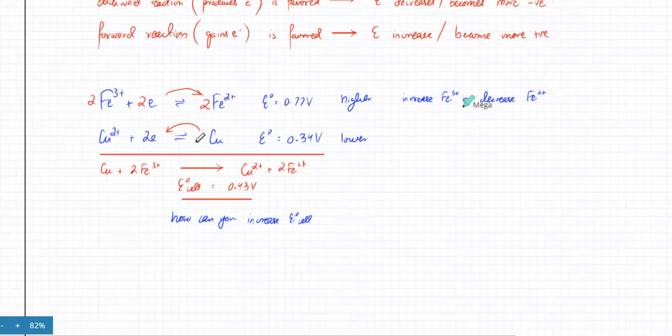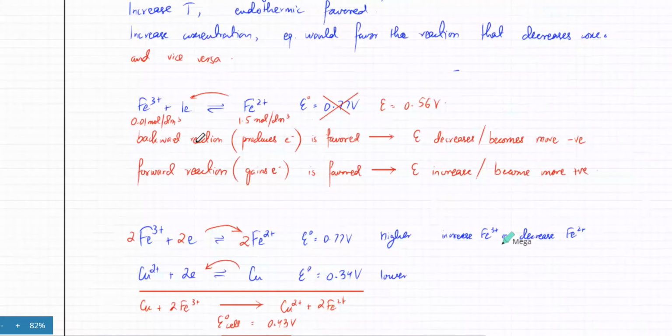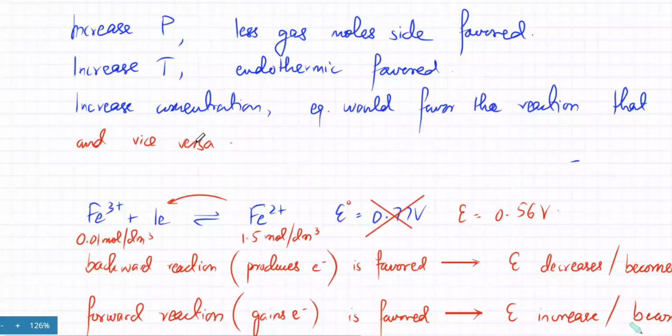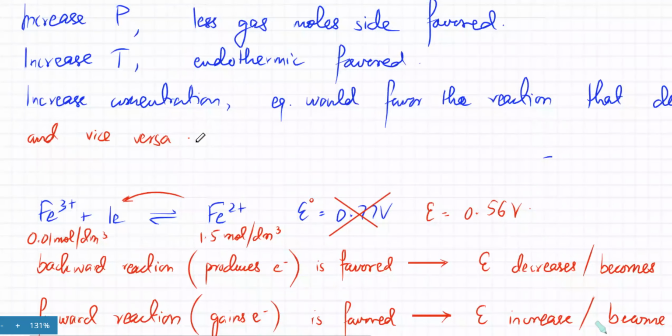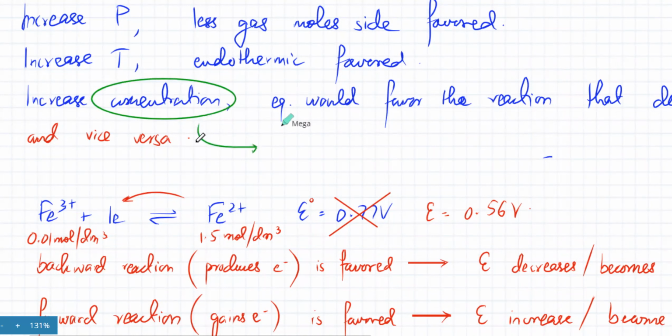Just remember one thing: when you talk about concentration, the term only applies to either gases or solutions, not solids. Remember, what is concentration? Concentration is kind of the spacing of the particles.